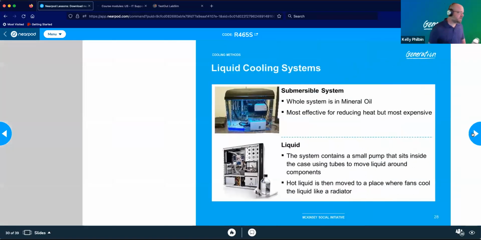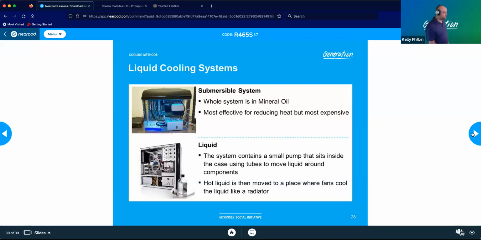So other than those kinds, they do have other types that you will come across. You have the liquid cooling, which is pretty popular among the gaming crowd, partly due to aesthetics, partly due to being more efficient in its cooling and being quieter.